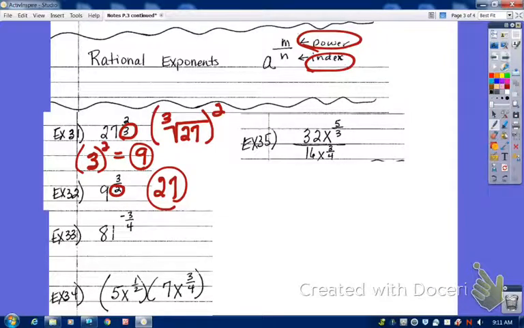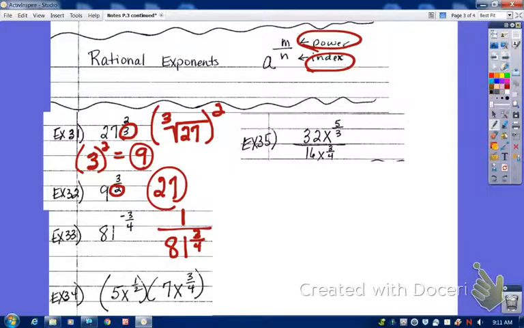All right? 33. Not only do I have an exponent, it's a fraction, now it's a negative. But we know negative means take the reciprocal or the I word, inverse. So that really just means 1 over 81 to the positive 3/4. So 81 to the negative 3/4, all that negative means is just take the inverse.